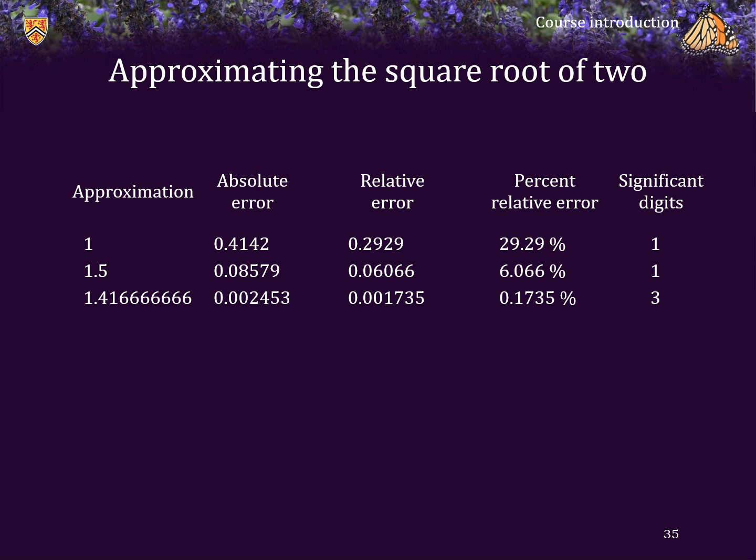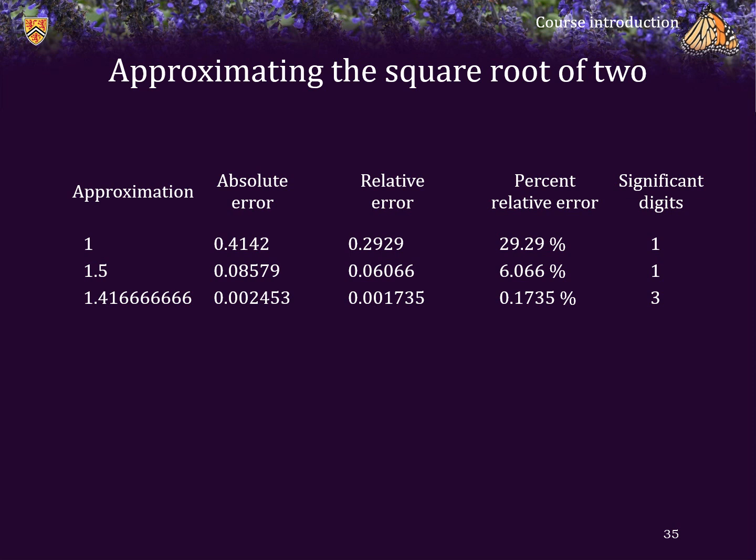With one more iteration, so 1.5 plus 2 divided by 1.5, all divided by 2, so the average of those two, that gives us this next approximation. The absolute error is again becoming smaller, as is now the relative error, and so now we have a relative error less than 1%. We also have 3 significant digits.